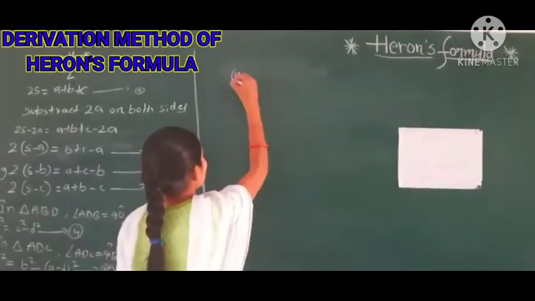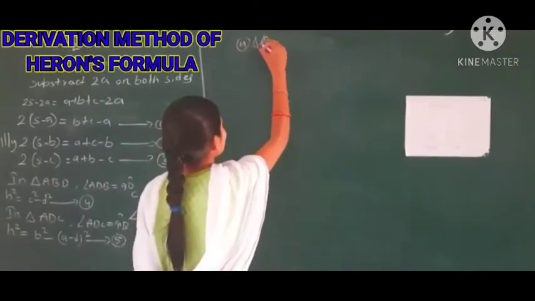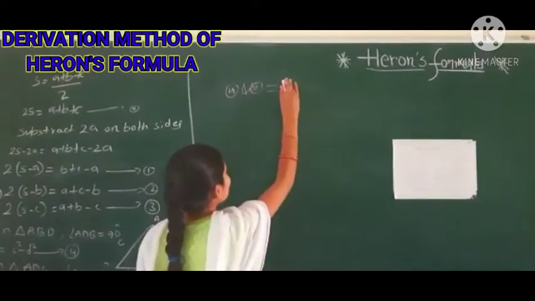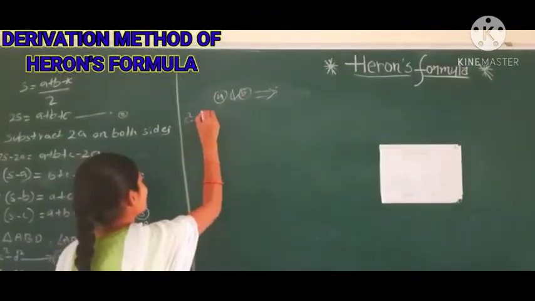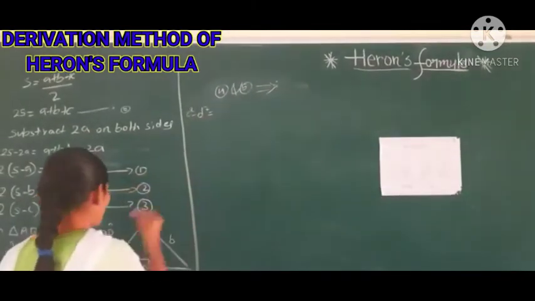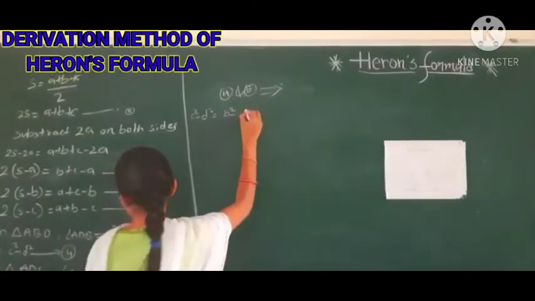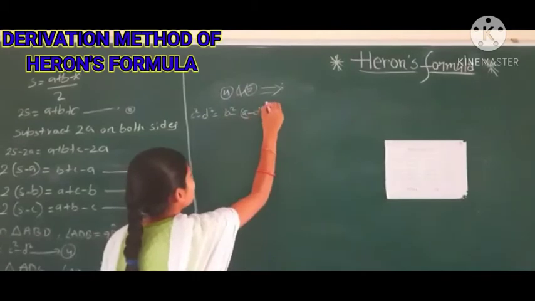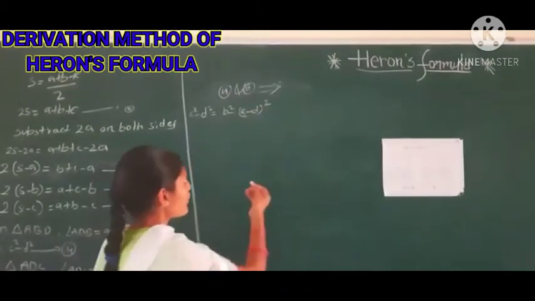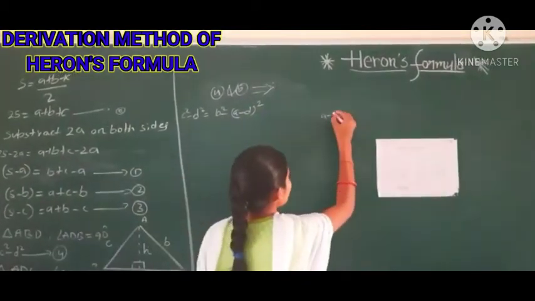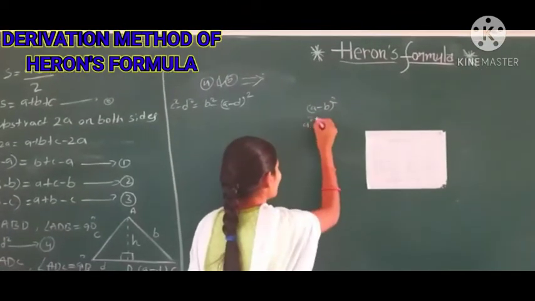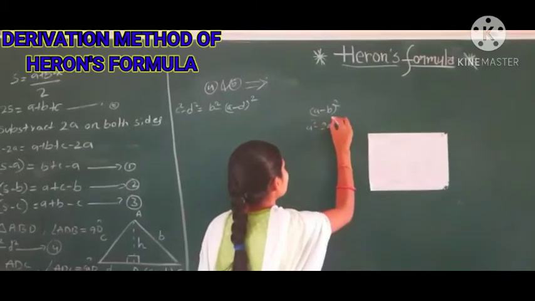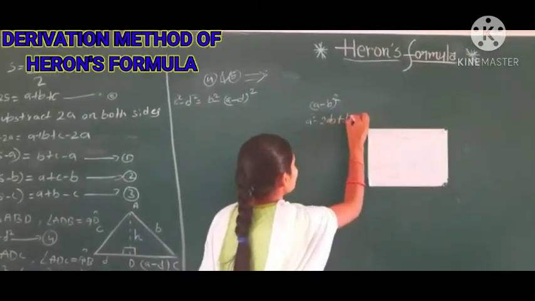And I take equations 4 and 5, which implies c square minus d square is equal to b square minus (a minus d) whole square. Here it is clearly of the form (a minus b) whole square, a square minus 2ab plus b square.